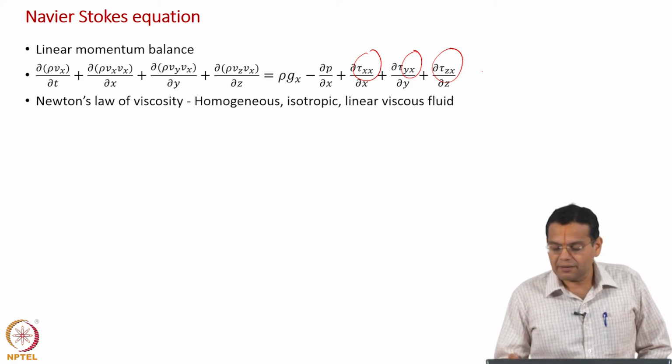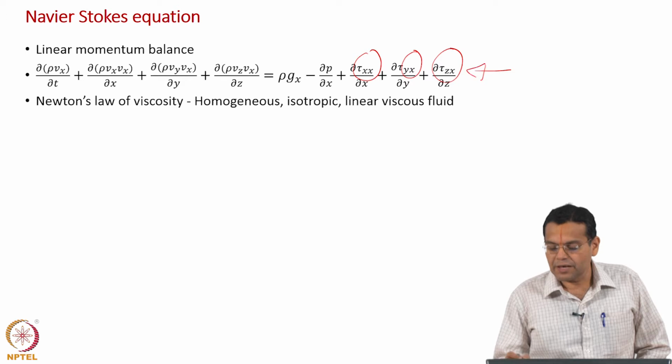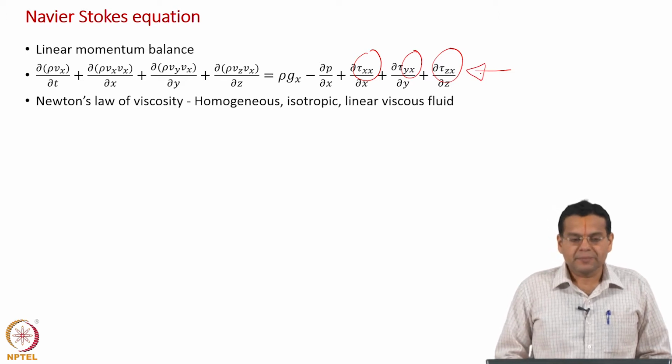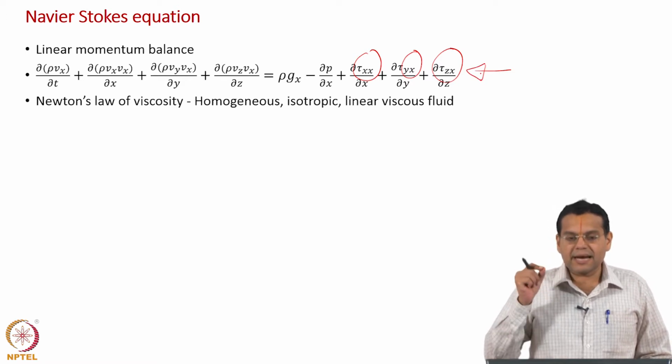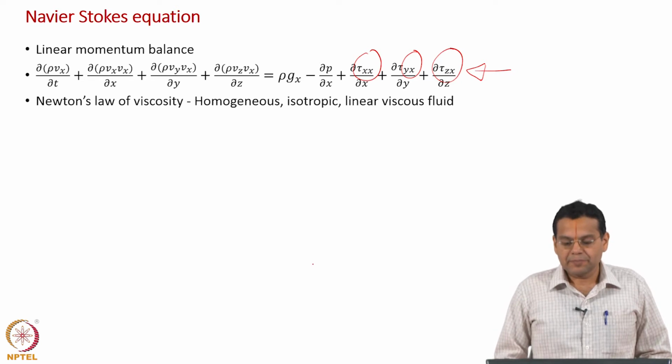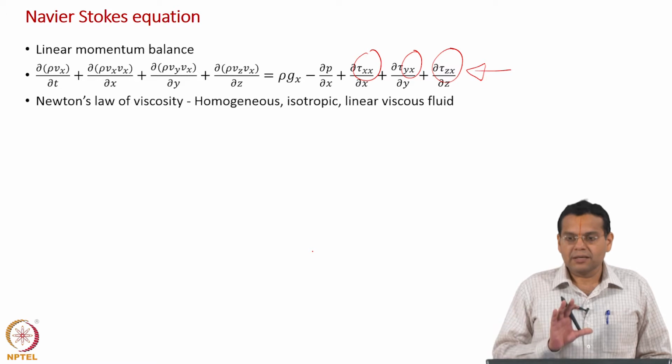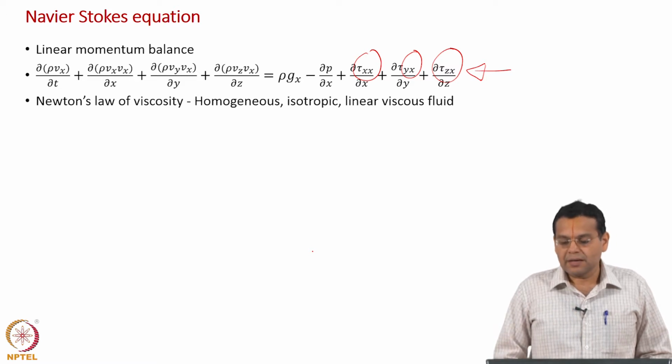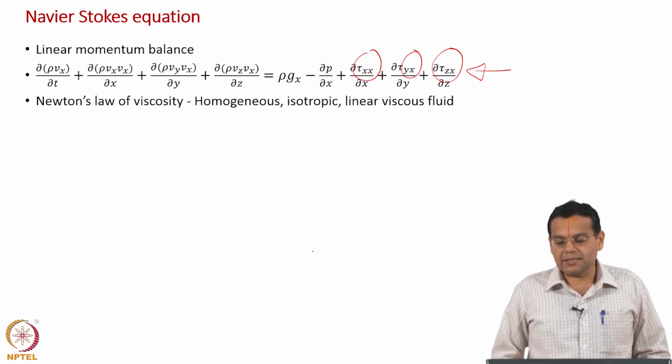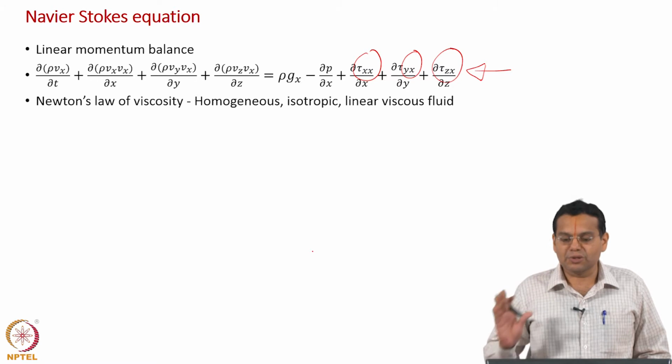At this stage, the linear momentum balance equation is an exact theoretical equation. Of course, in terms of body forces, we have included only that due to gravity. Other than that, there is hardly any assumption. Of course, the viscous stress tensor is symmetric, even that is almost universally valid.